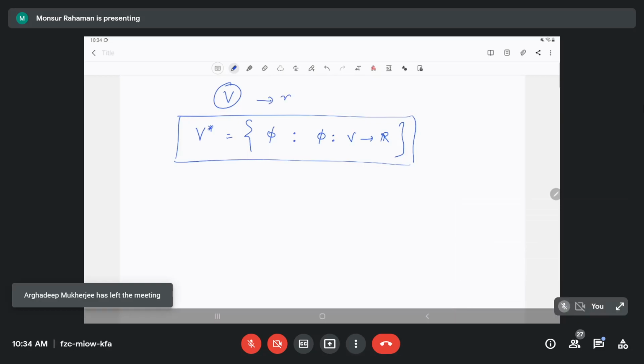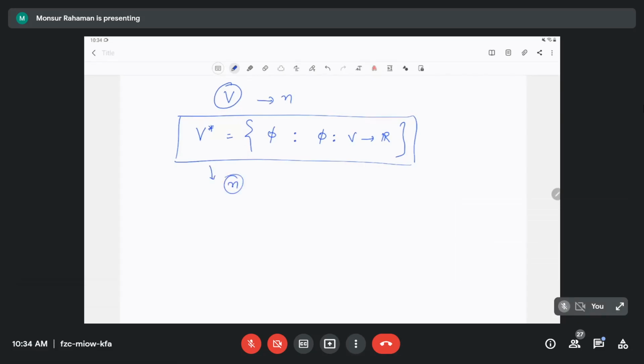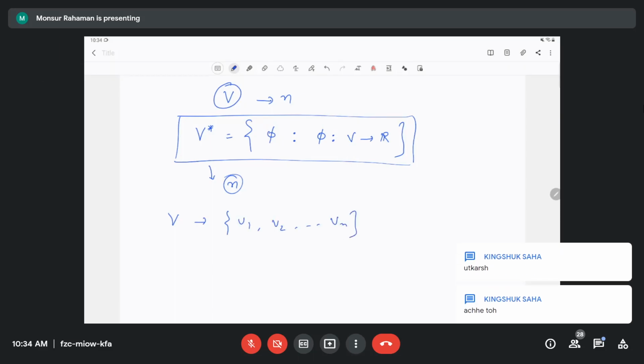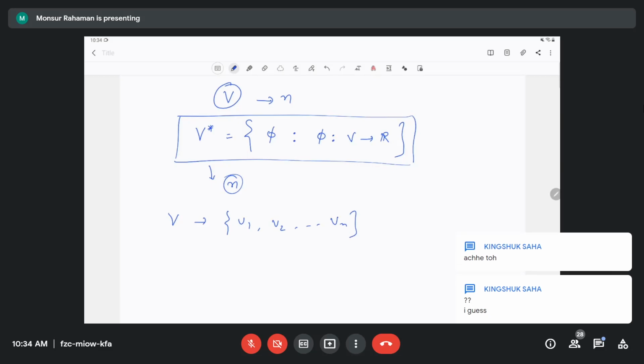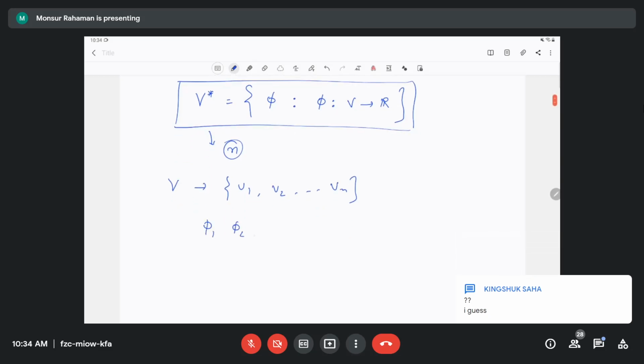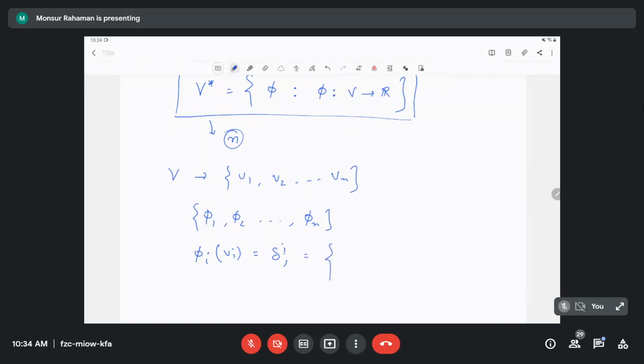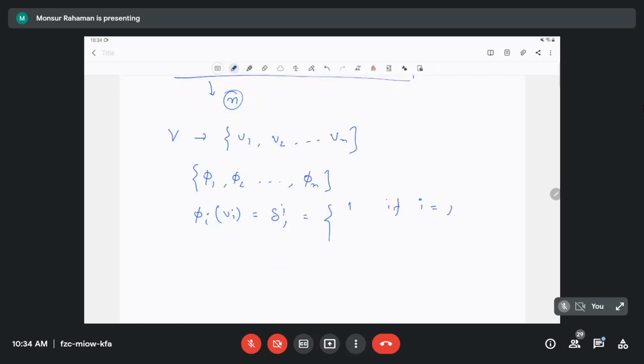If V is n dimensional, then V star will also be n dimensional. So now you know the strategy to find the basis vectors of V star corresponding to V. If you consider this to be the basis of V, then the basis of V star will be phi 1, phi 2, up to phi n, all the functionals defined in this way: phi i of Vi is equal to delta ij, which is defined as 1 if i equals j, and 0 if i does not equal j.